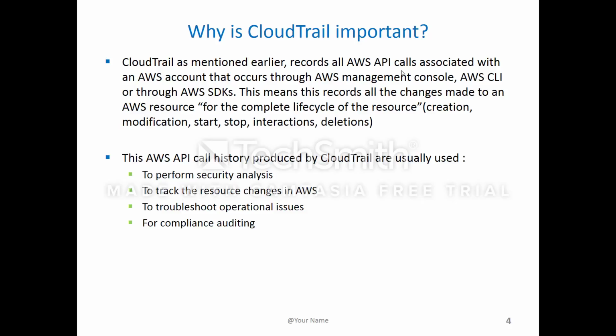This AWS API call history produced by CloudTrail is usually used to perform security analysis, to track resource changes in AWS, to troubleshoot operational issues, and for compliance auditing.